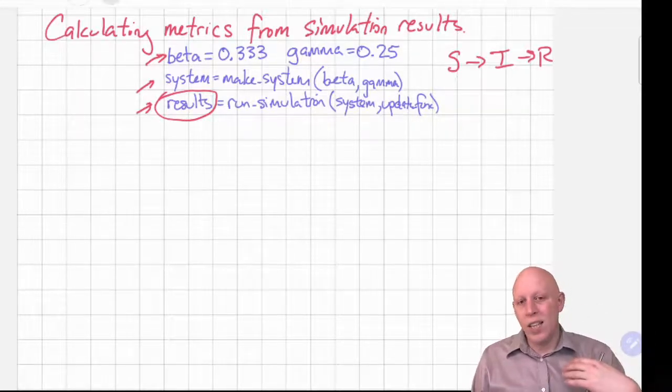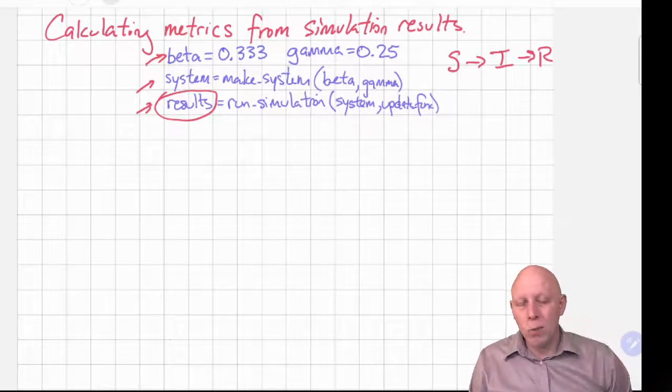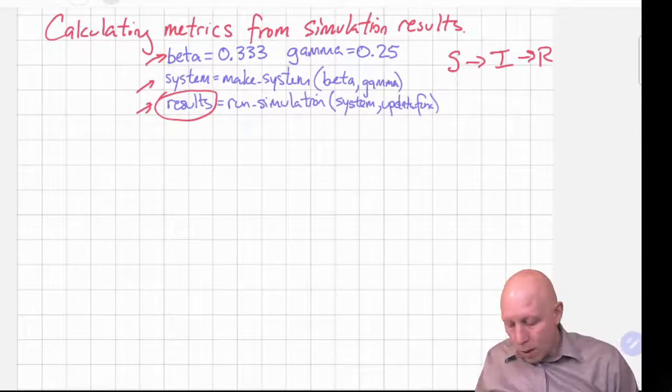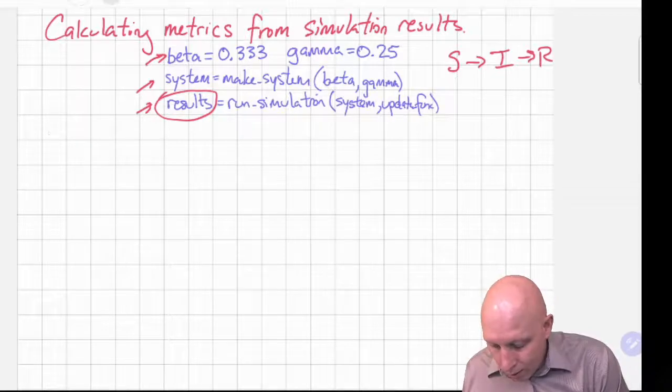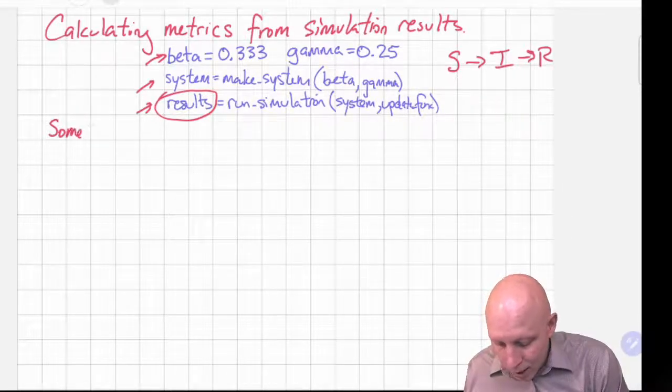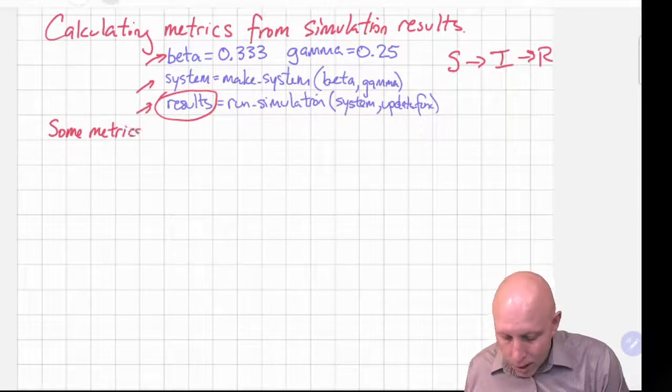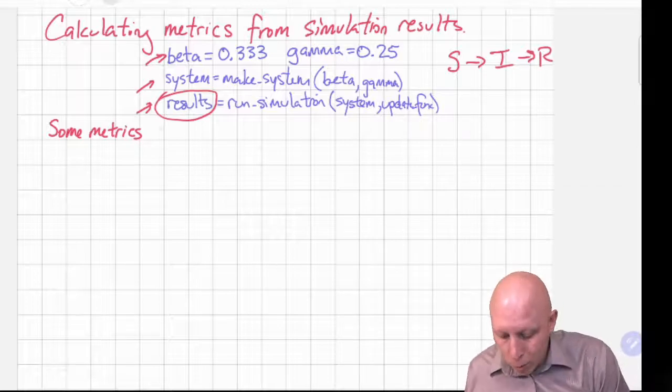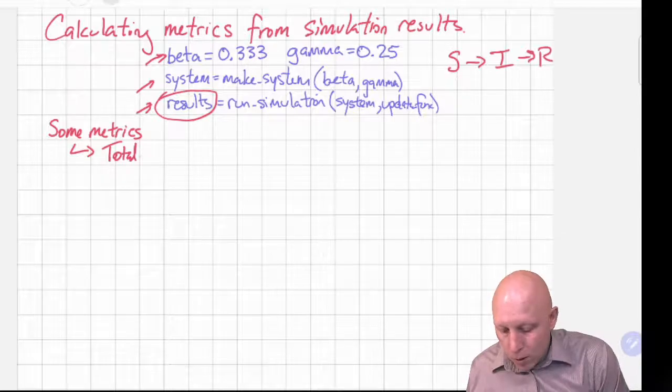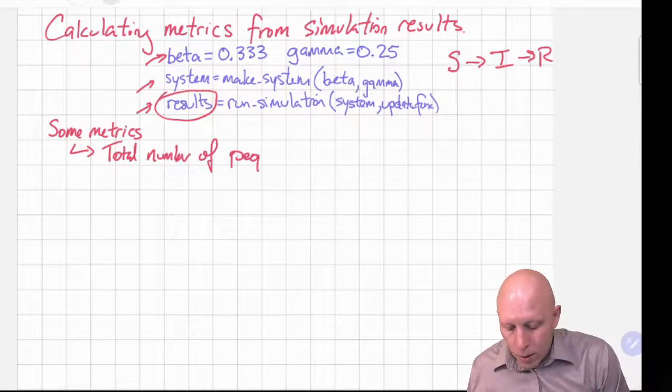and we want to get the information out about what metric do we care about. So some metrics that we might care about would be the total number of people who have been infected.